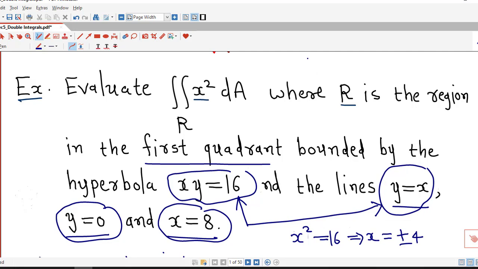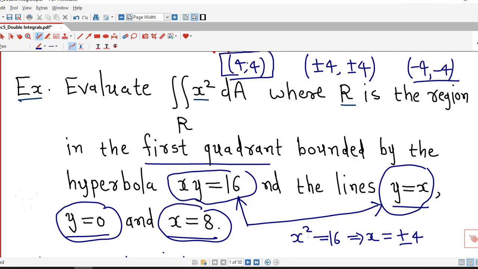Because y is equal to x, we will have these intersecting points. But our graph is in the first quadrant, so we will not consider the point which is in the third quadrant. We will consider only this point. So xy equal to 16 intersects y equal to x at point 4, 4 in the first quadrant.